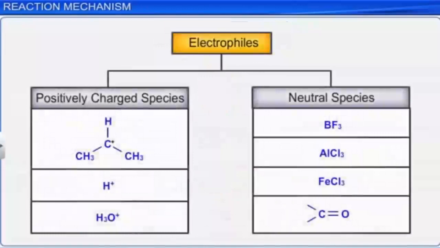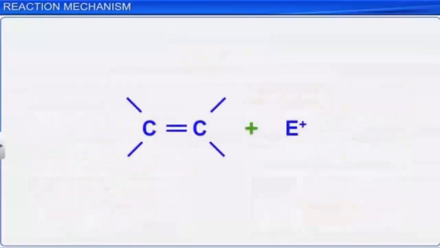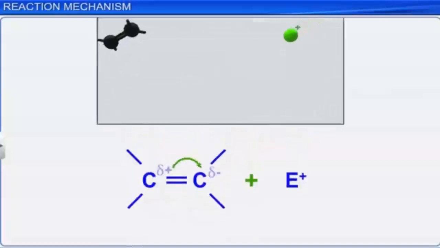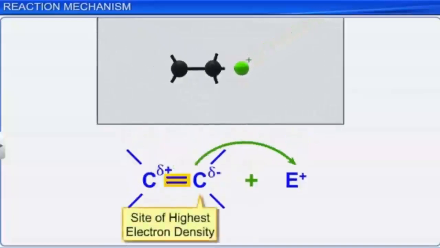Electrophiles may be either positively charged, such as carbocations, hydrogen ion and hydronium ion, or electrically neutral species, such as boron trifluoride, aluminium chloride, ferric chloride, and carbonyl group. A reaction initiated by an electrophile is called an electrophilic reaction. Electrophiles always attack the substrate molecule at the site of maximum electron density.